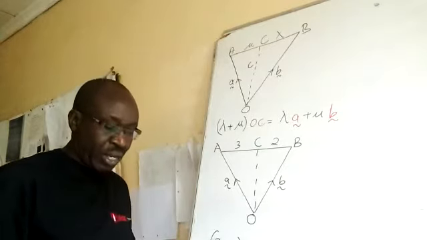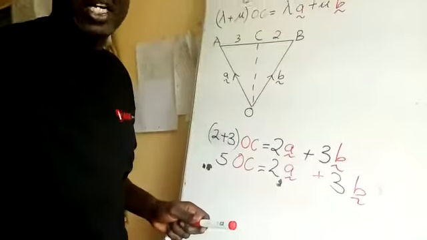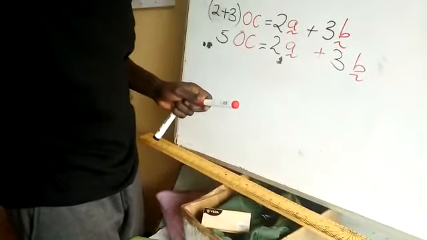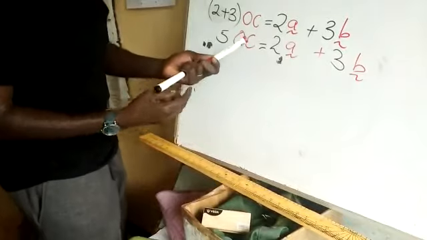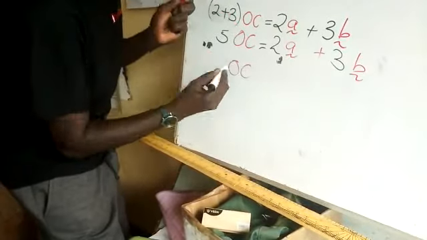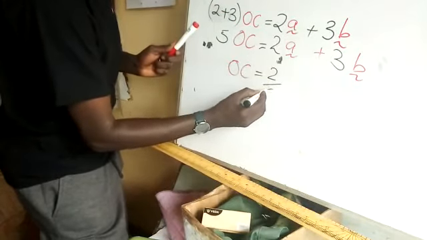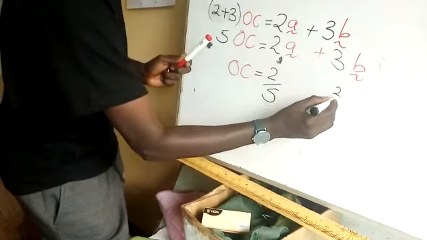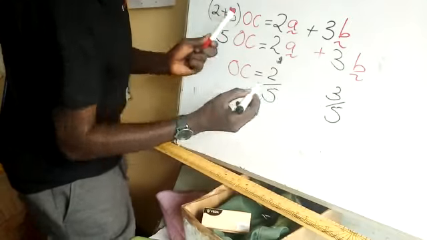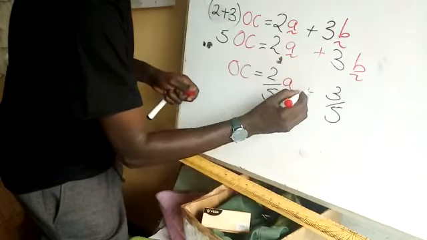Okay? The version you are used to in class, the version that we tend to teach in class, would be OC therefore is equal to 2 over 5 vector A and then 3 over 5 vector B. There is no difference.